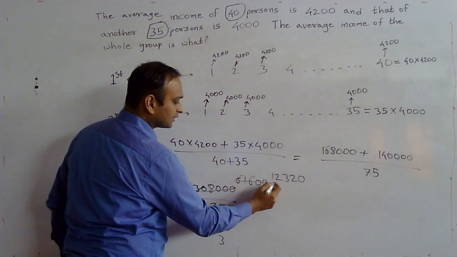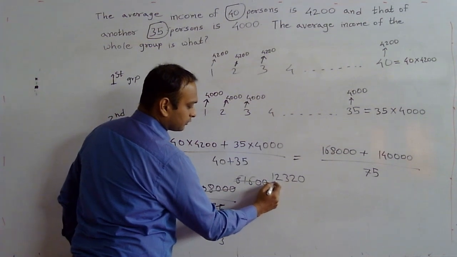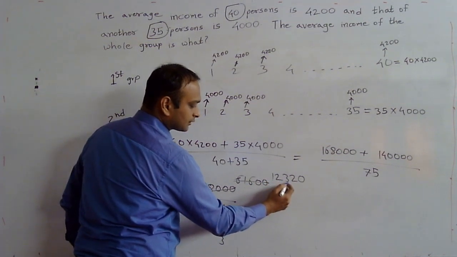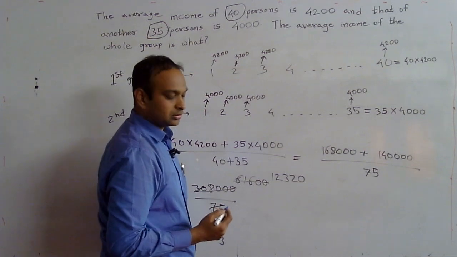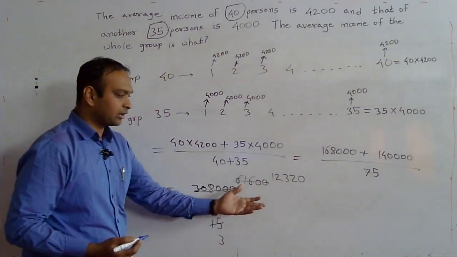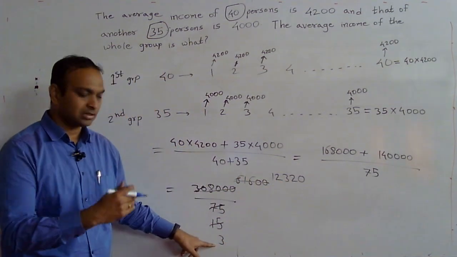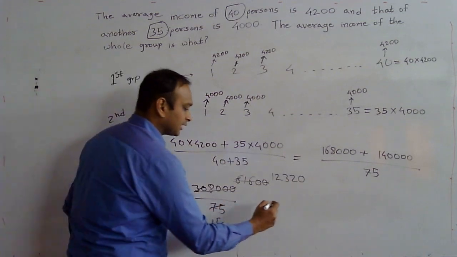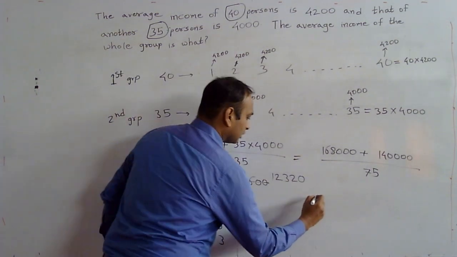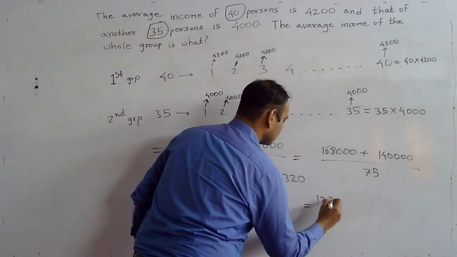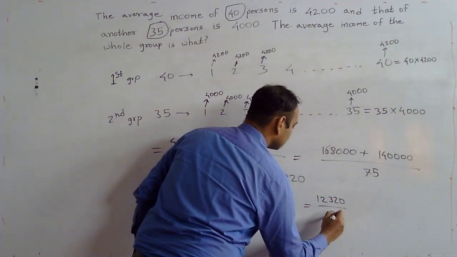Now in this case, this is 1 plus 2 is 3, 3 plus 3 is 6, and 8 is the addition of digits. So we cannot divide this number by 3, but still we will try to get the answer in fraction. So our next division is 12320 divided by 3.